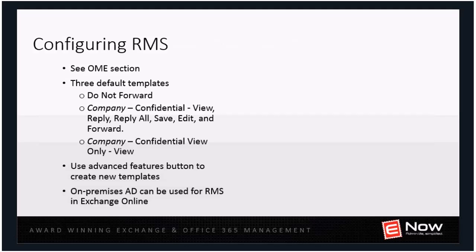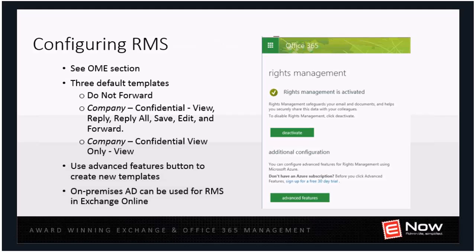Configuring RMS, again, like I told you with OME, we have to go through those first setup steps. We activate RMS, set up our key sharing location, and we come back here and have to hit activate there in the rights management. It's much the same as OME.